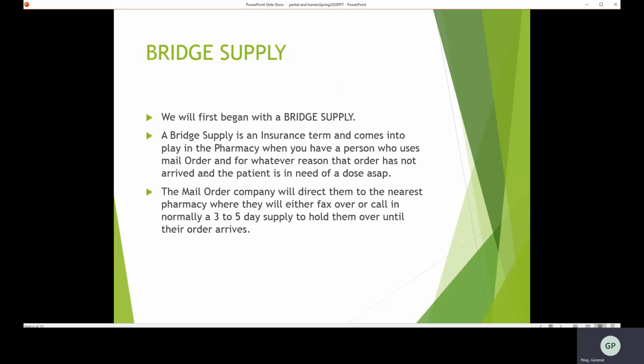So if you were picking up a prescription this month, which is November, you would pay a $20 copay. Next month, which is December, you pay a $20 copay. Then the third month, which will be January, you'll pay another copay. So that's 20 in November, 20 in December, 20 in January. So that's a total of $60. Mail order is a little different.